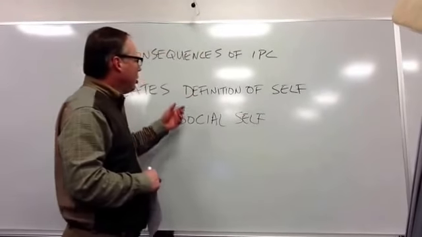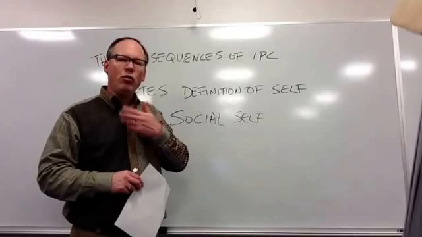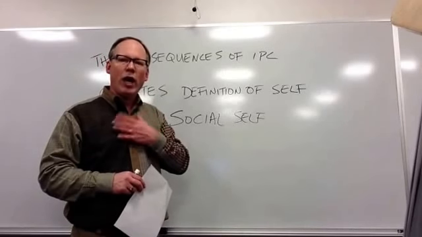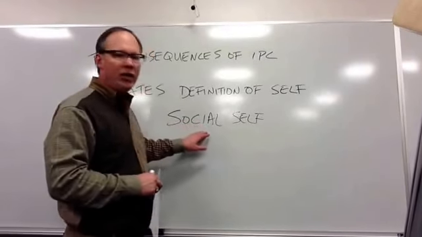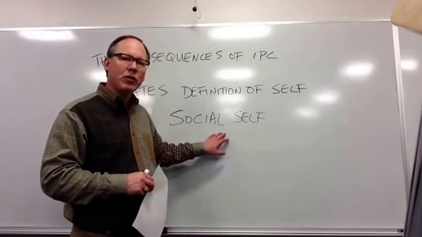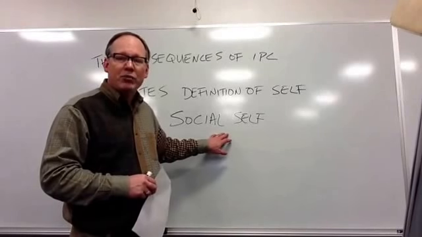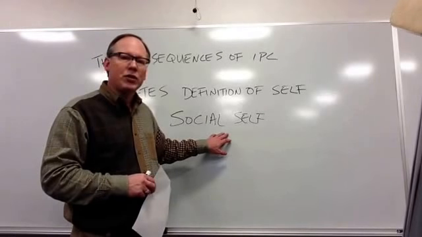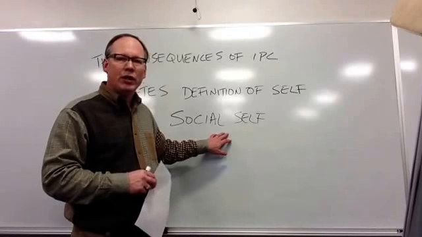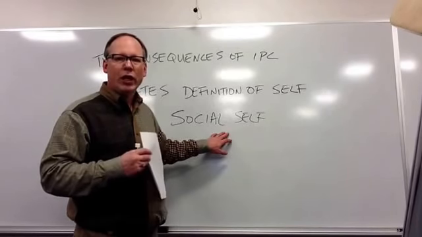So our definition of ourselves, our sense of who we are, is based on my social interaction with other people in specific social situations. That's why interpersonal communication is so important, because who we do it with and where we do it and how we do it really defines who we are as a person.